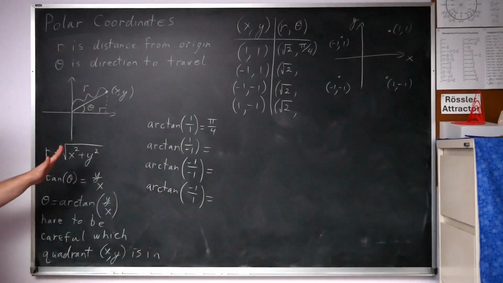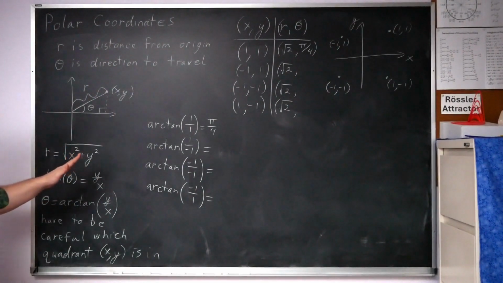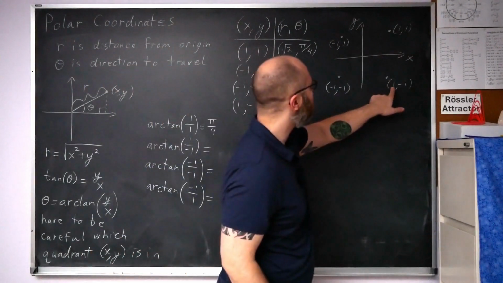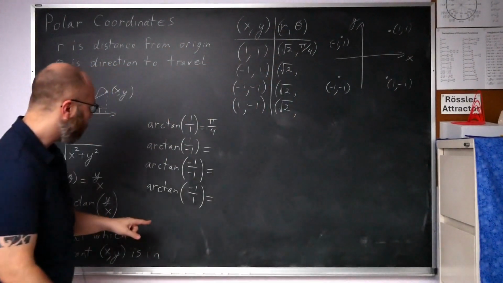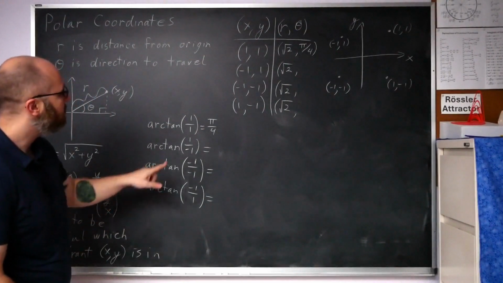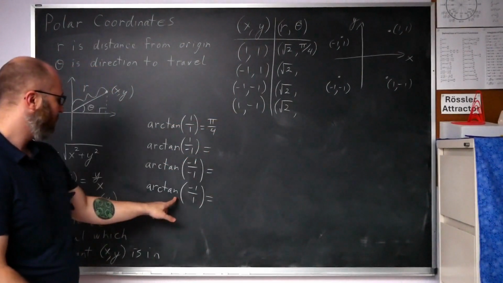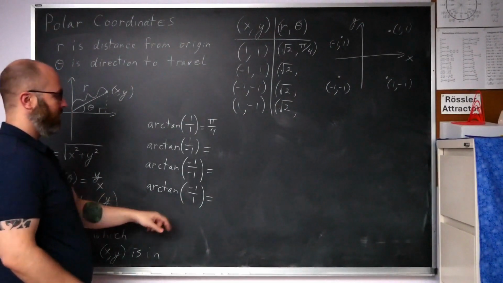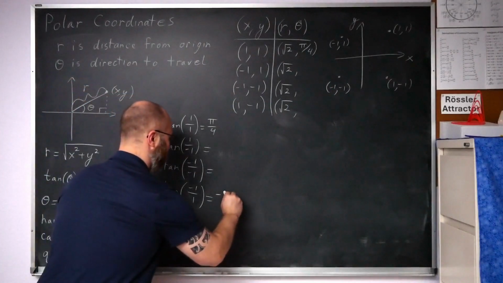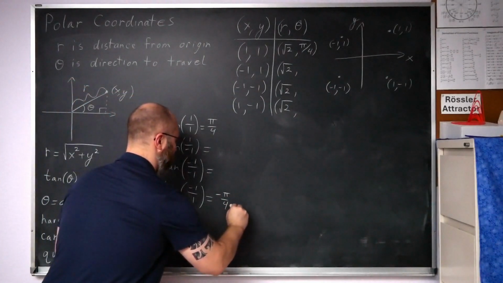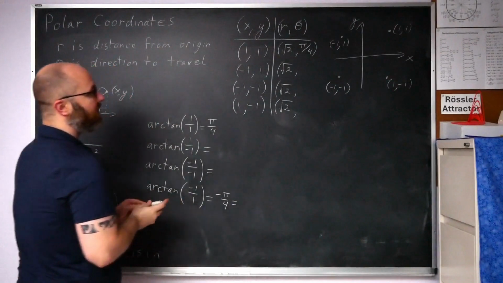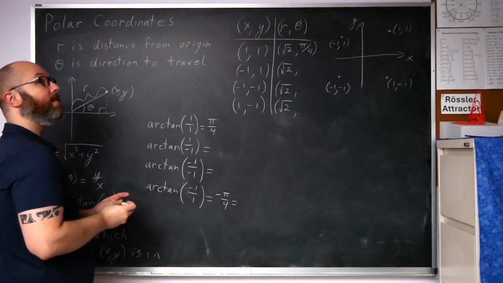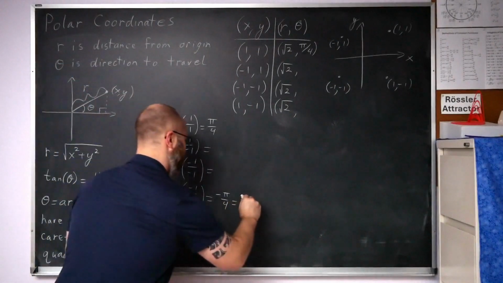All right, so now from here, let's do this one first, the 1, negative 1. So if I've got, which one is that? 1, negative 1, the last one. Well, arctan of negative 1 ends up putting out negative pi over 4, which is the same thing if I add 2 pi as 7 pi over 4.